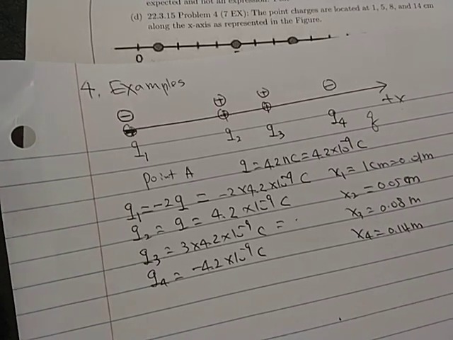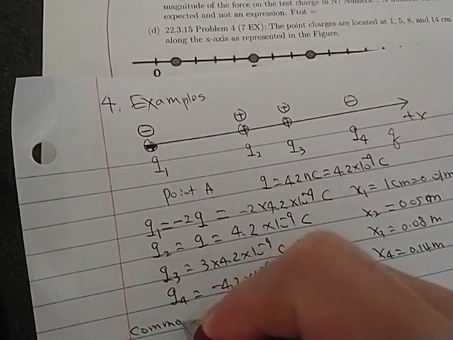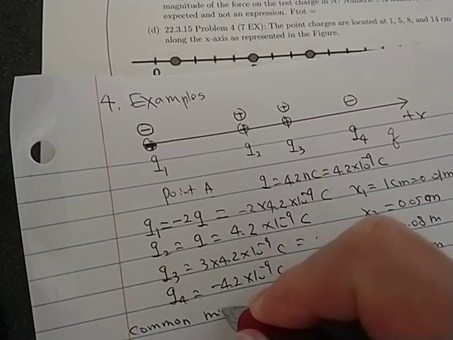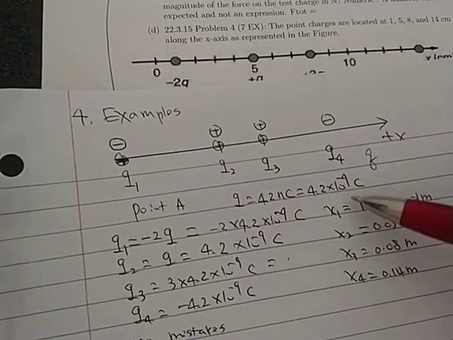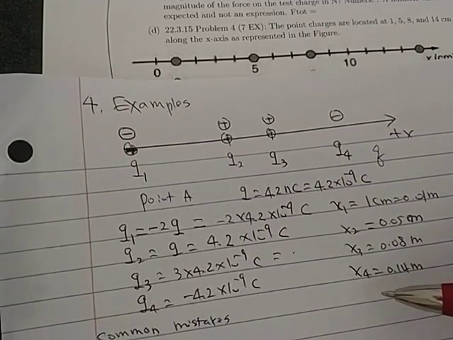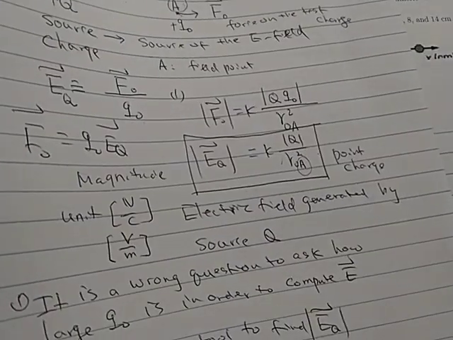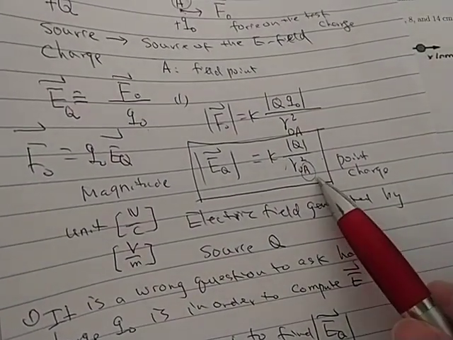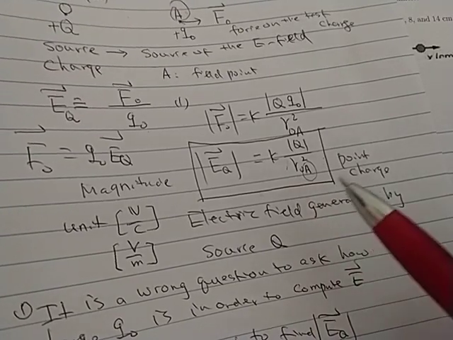And now let me tell you the common mistake. When students find out they have these positions, what they do is simply plug them in. That's all I need, right? Just plug it in.